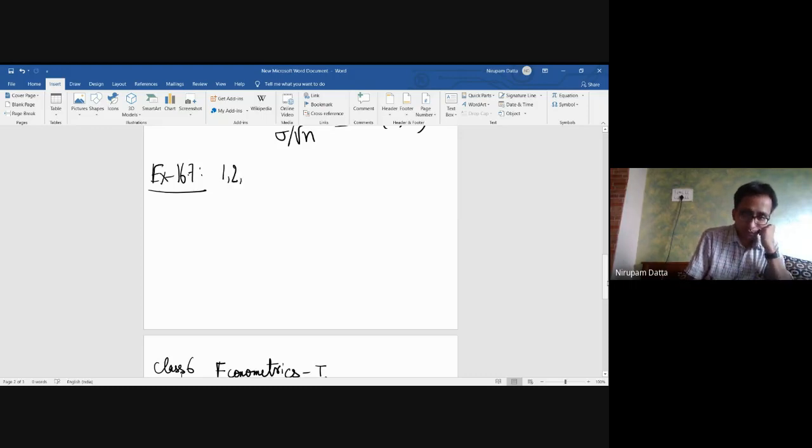That is the population. We have to get all the random samples of size 2 without replacement.